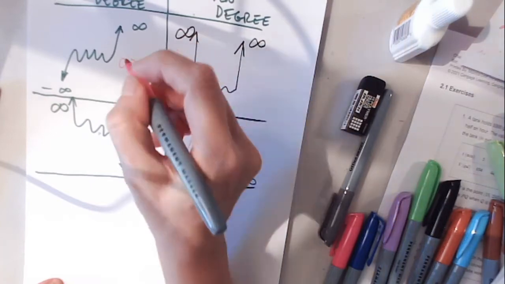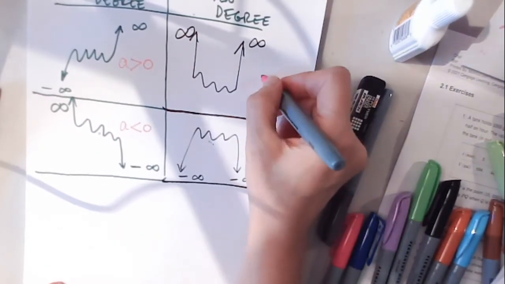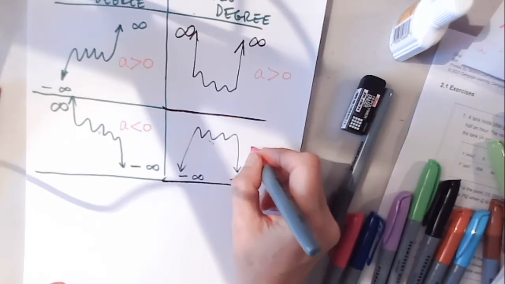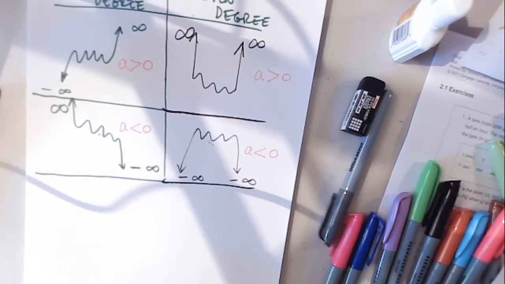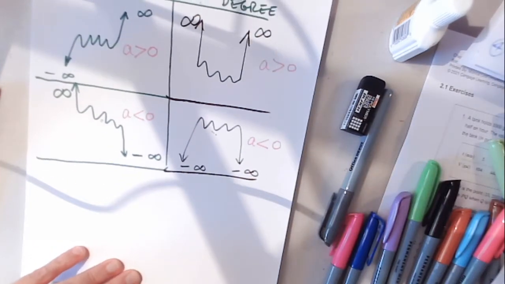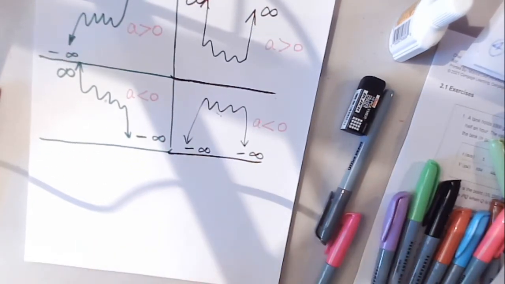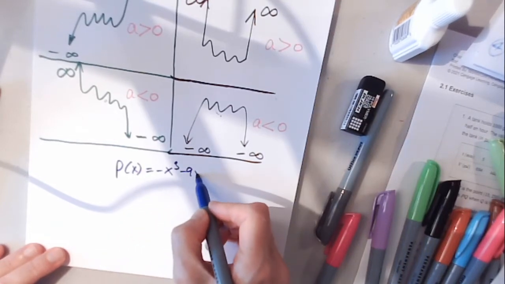Positive leading coefficient, negative leading coefficient. So now we can identify the end behavior for our function. I'm going to copy it again here. P of x equals negative x to the third minus 9x squared.